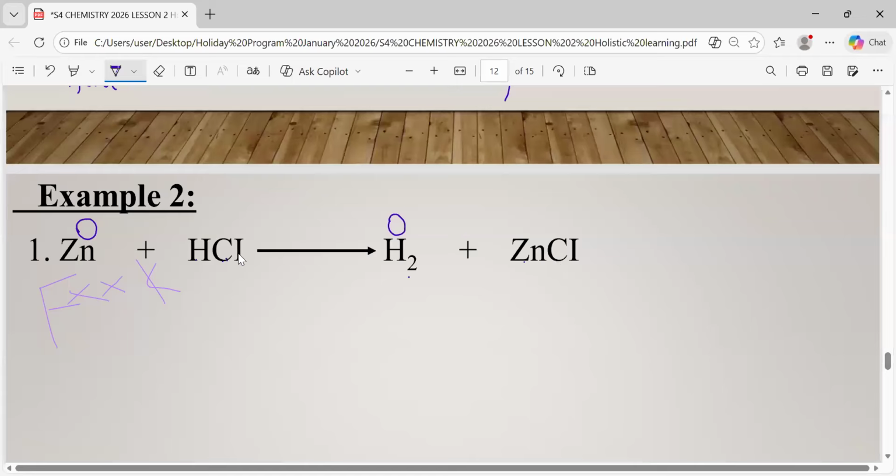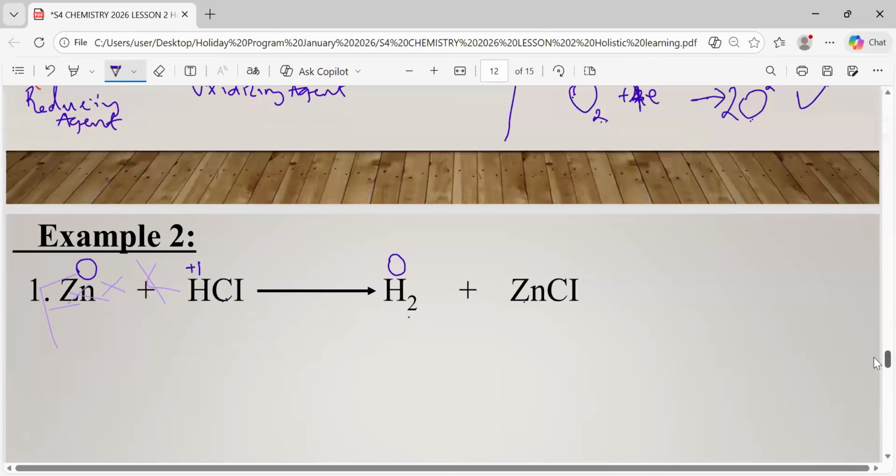So let's move step by step. What did we say about the oxidation state of hydrogen? We said the oxidation state for hydrogen is positive 1.